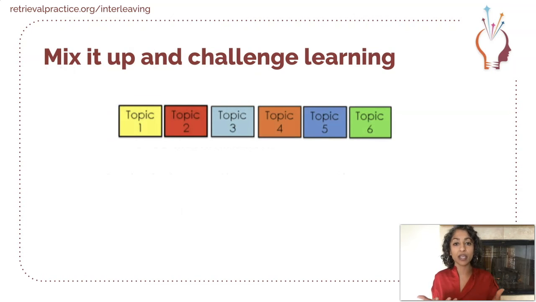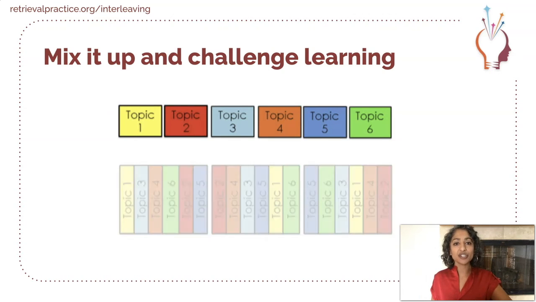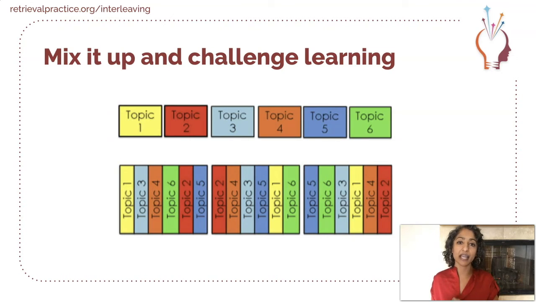Another example here, let's say students are learning different topics in your class. So learning across the first 5 weeks of the semester or 5 key concepts. This example at the top is again what we call massed learning, going from topic to topic to topic. Interleaving is simply mixing that up.